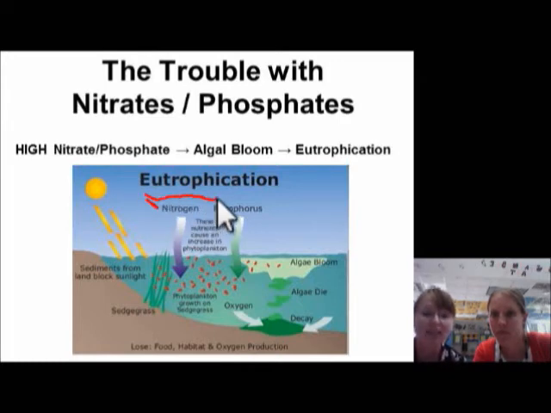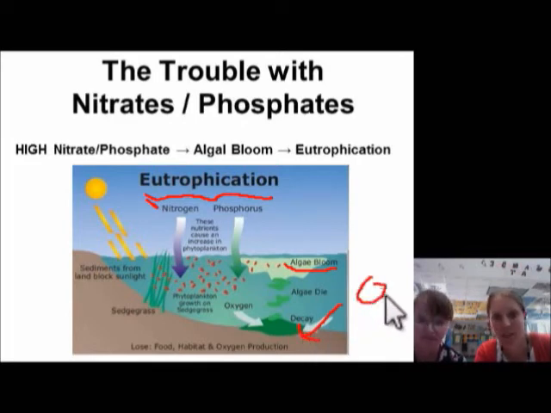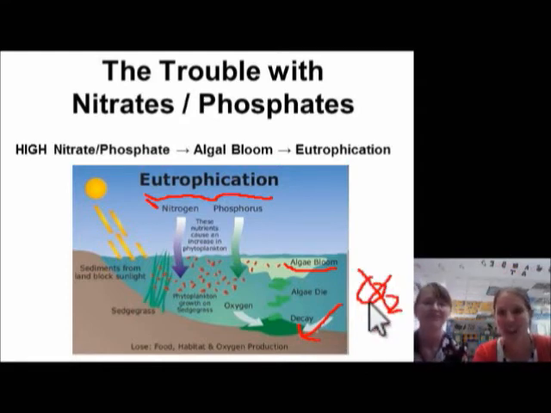Basically, that means we have these huge algal blooms where plants start growing and growing and growing, and then as they start to decay, bacteria move in and use up the oxygen. Yep, it all comes back to that oxygen, and when it goes away, the fish die. Exactly. So you want to remember: too much nitrates and phosphates, eutrophication. We'll be talking more about that in our next podcast.